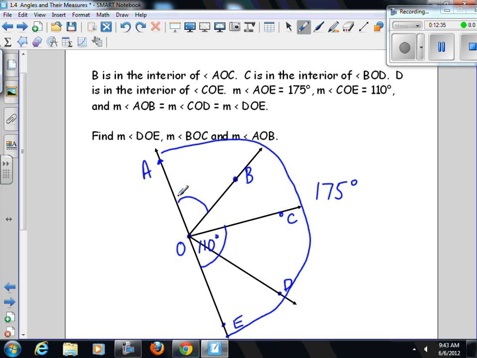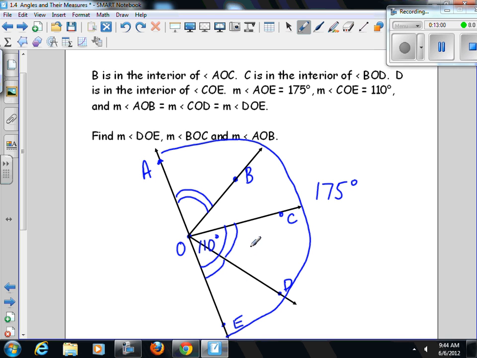So AOB, COD, and DOE are all equal. And so we would like to find the measure of DOE, BOC, and AOB. Well, first of all, we know that COE is 110 degrees.